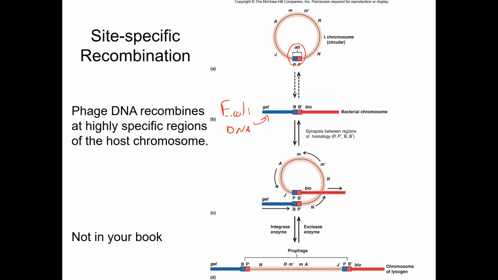You've got the att site on the virus and the bio site on the E. coli DNA. These two segments of DNA are complementary. In fact, they're identical to each other.